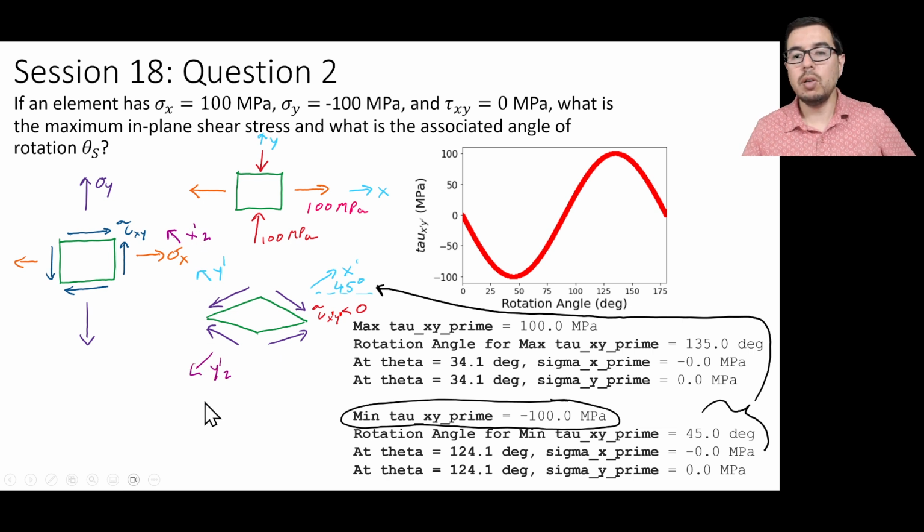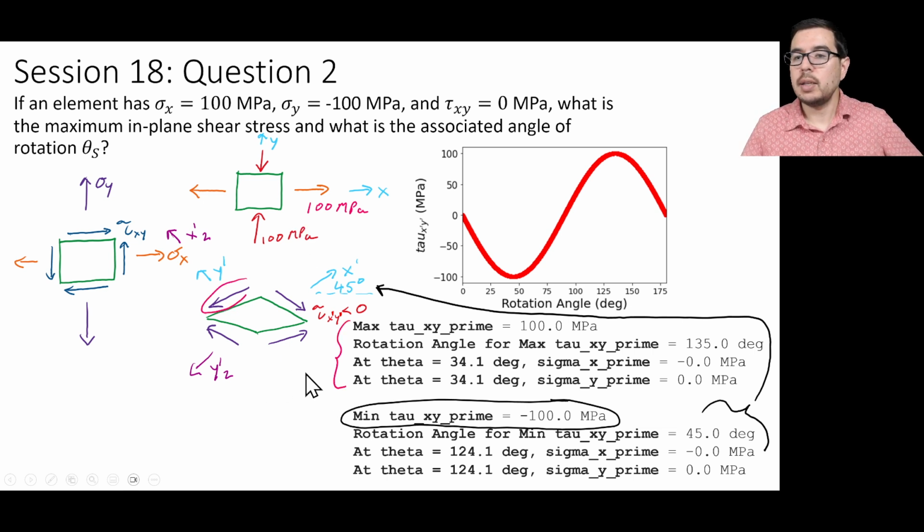And we could call this direction out here y prime 2, which is in the opposite direction as x prime. Now these are not stresses, these are coordinate systems. So their direction and the face they're on have more significance than, say, sigma x being in opposite directions coming out of opposite faces.